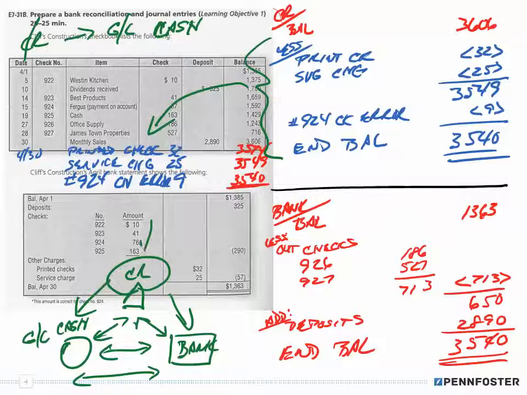Because remember, the check register is just a manual book. You write in a physical book in order to keep track of your cash, so that at this moment in time you know how much you actually have.